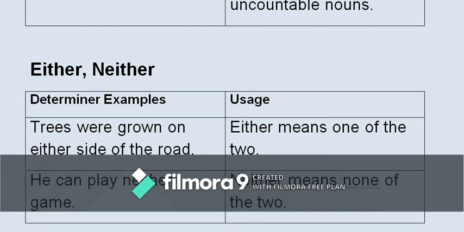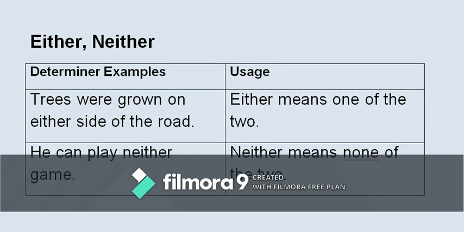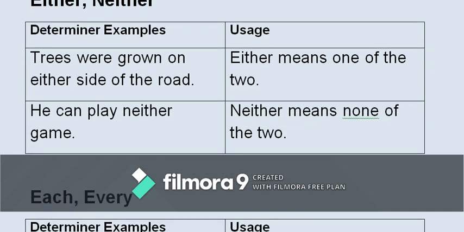Either means one of the two sides. He can play neither game. Neither means none of the two games. So neither is a little negative in context, and either is in the affirmative or positive context. The first sentence is affirmative and the second sentence is negative in nature.